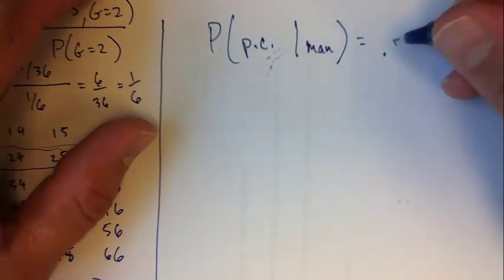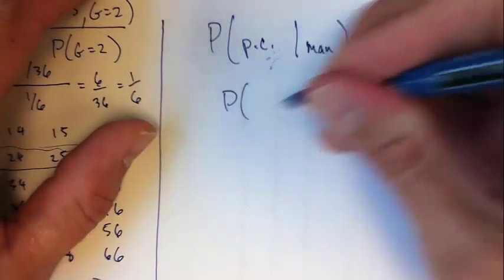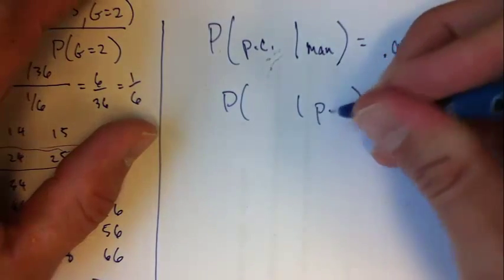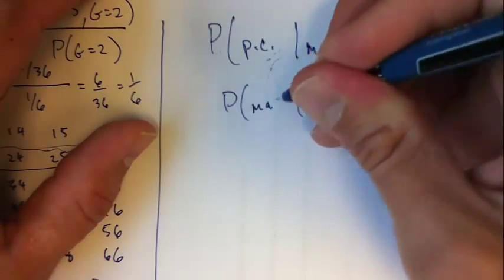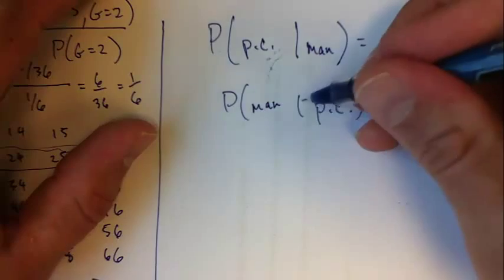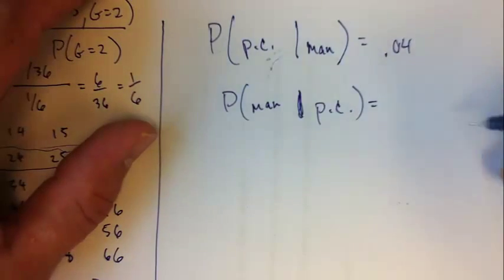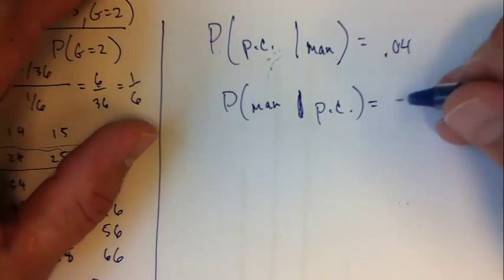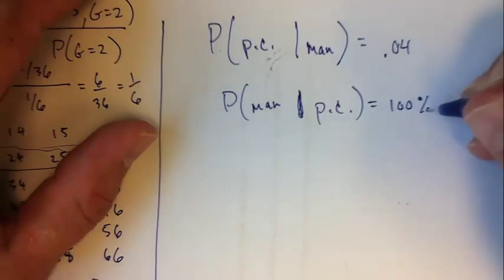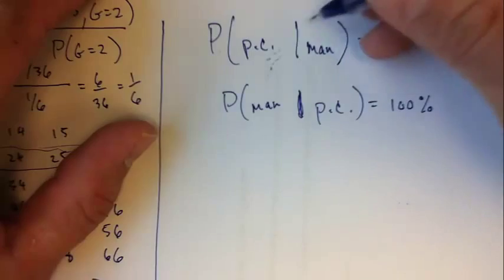I don't know. It's probably like 4%. But if I flip the two, given that I choose someone from the world who has prostate cancer, what's the chance that that person is a guy? What is it? That's right. It's 100%. There is a biological reason for that.